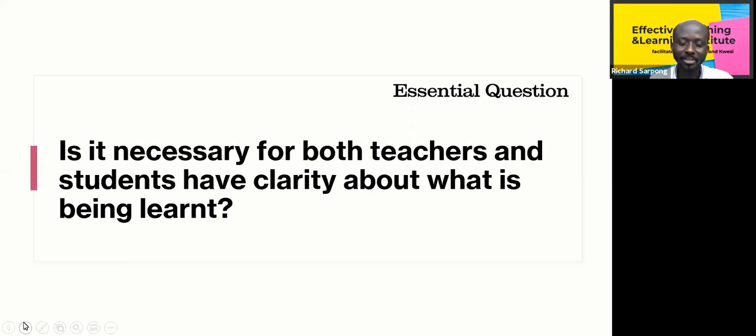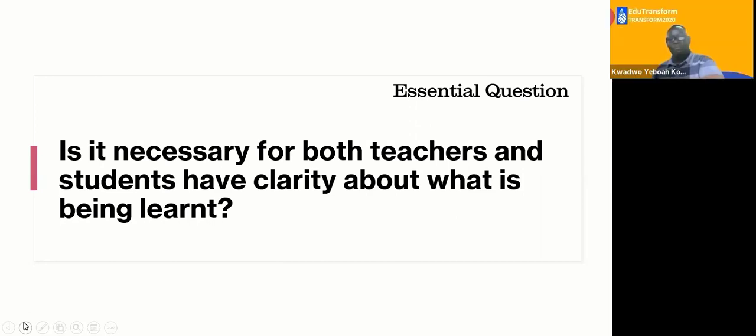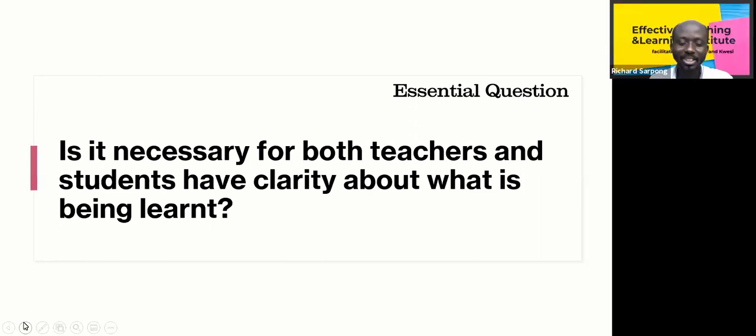Yeah, because if you say that we're learning about demand, that is broad. Or you are learning about numbers, or you are doing writing.